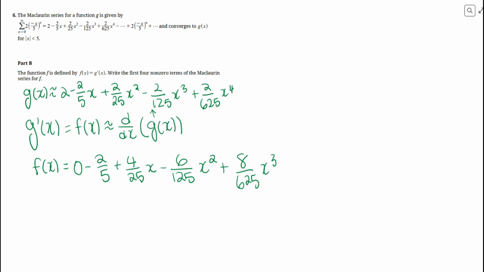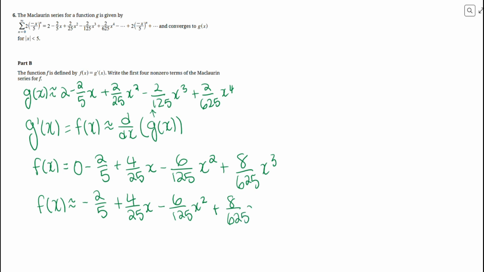Now it asks us for the first 4 non-zero terms of the Maclaurin series for f. That means that we can just get rid of the 0 and rewrite it as negative 2 over 5 plus 4 over 25 x minus 6 over 125 x squared plus 8 over 625 x cubed. And that's your answer.